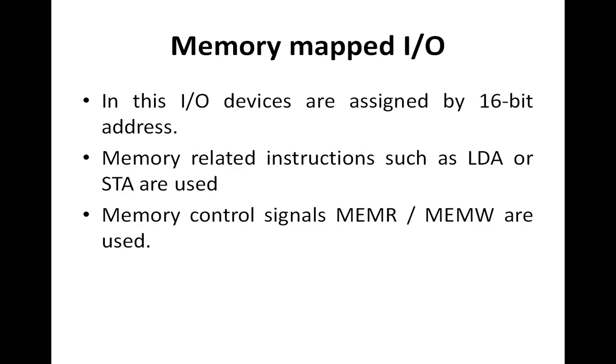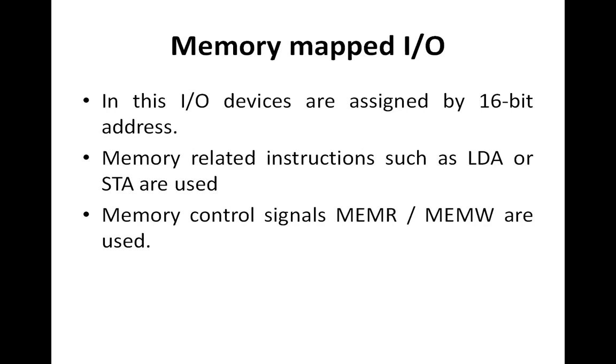In memory mapped input output, all the input and output devices are identified and assigned the same addresses which are used for the individual registers of the memory. So input output devices are considered to be like a register of the memory, either for reading purpose or for the writing purpose.